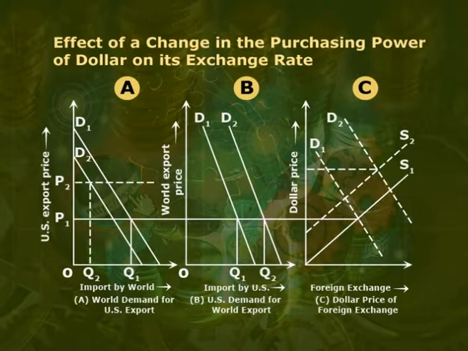Let us discuss how a change in the internal value of the dollar affects its external value. Effects of a change in the domestic purchasing power of the dollar on the exchange value of that currency are illustrated in the diagram on the screen.